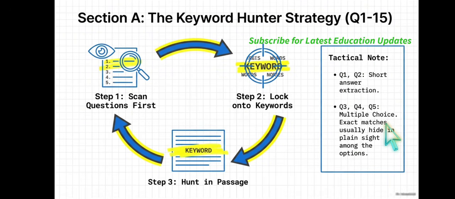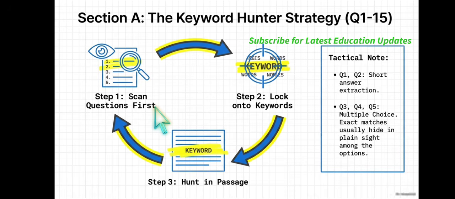Now let us look at the Section A strategies. The first strategy is the keyword hunter. For example, the paragraph is extracted from the lesson Unit 5A, A Baker from Goa. So you might be reading those 6 to 9 lines, right? Step 1 is scan the questions first. Don't read the paragraph first, my dear students.